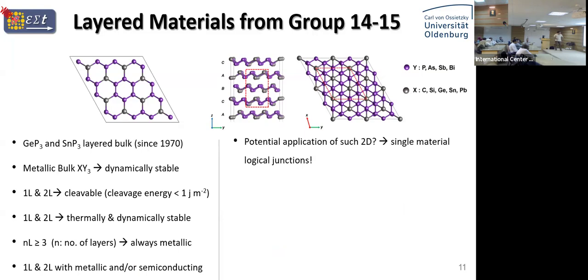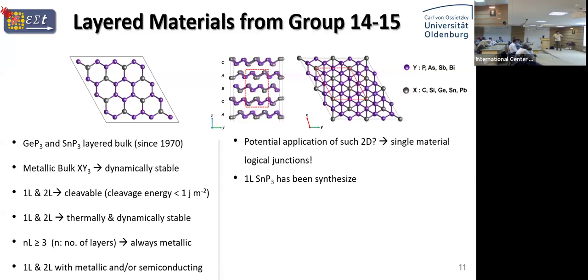Okay. So I explained to you that we could make devices out of such materials, right? Why they are important, I will explain you shortly. But now the next natural question was, we have a zoo of different materials, so which one to choose? So we picked SnP3.